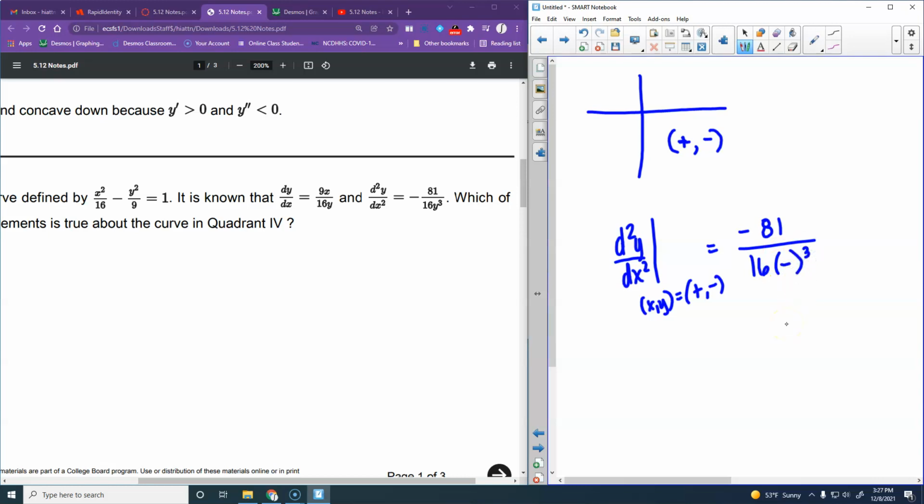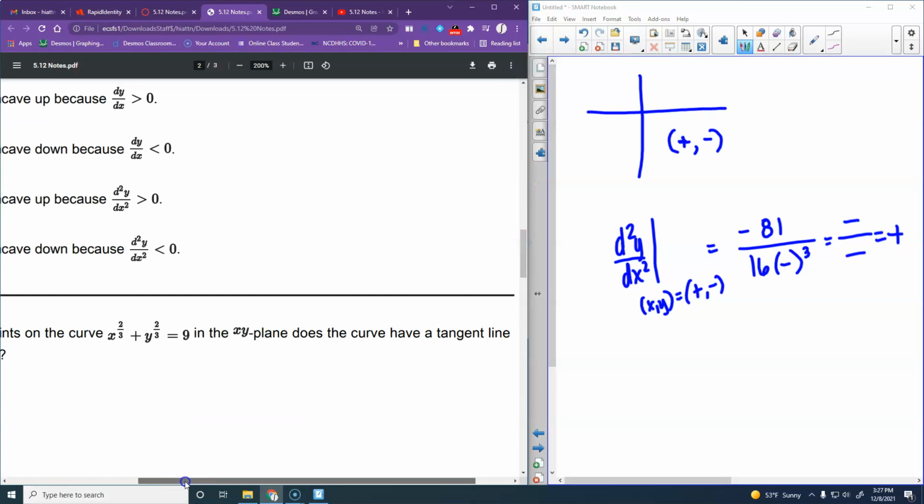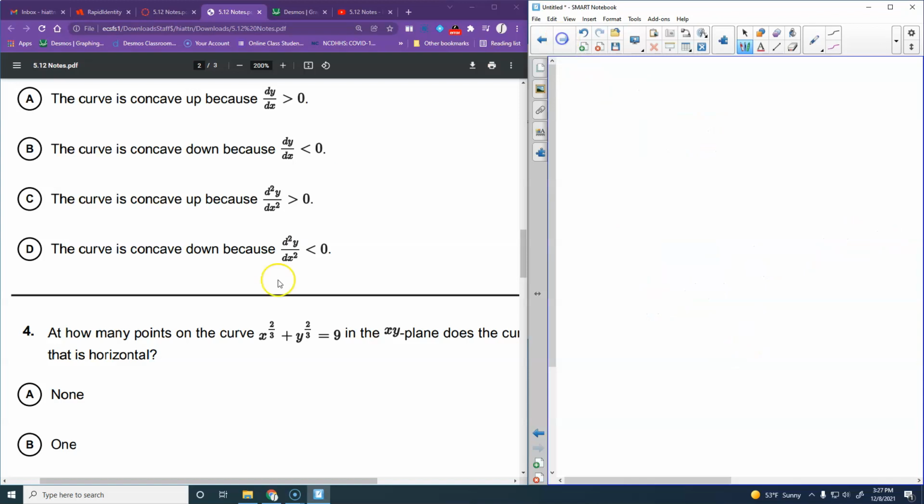And if we have a negative cubed, that is going to give us a negative in the denominator. So we will end up with negative over negative, which is going to give us a positive. If our second derivative is positive, we would know that our curve would have to be concave up. So C would be the answer for this problem. That one's a little bit easier because you don't actually have to find the derivatives.